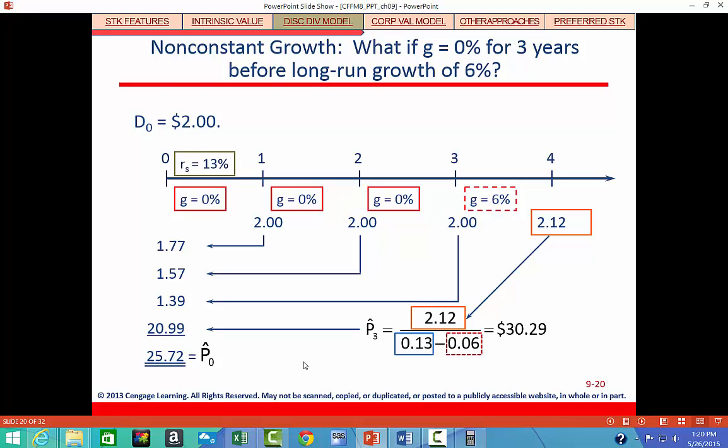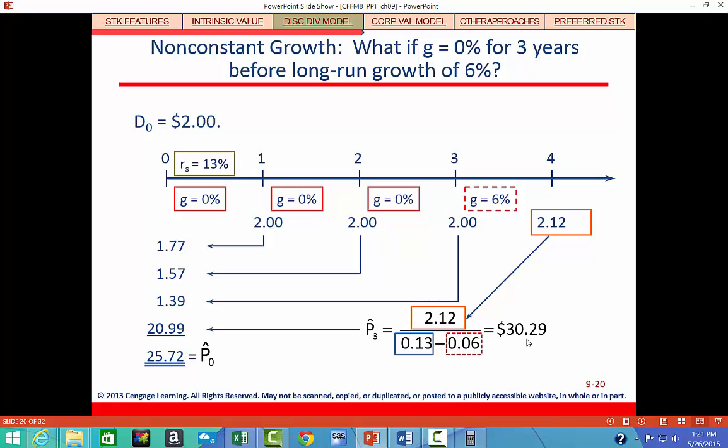So now let's look at an example if the growth rate is 0% for 3 years for some odd reason, and then you get a constant growth rate of 6%. What would the price be for this type of stock? You're going to have a $2 dividend, and then at time 4 you need to find that D4 so we can get the present value at time 3 for all the dividends that occur after time 3. So D4 is $2 times 1.06, this growth rate, and you get $2.12, and you divide that by R minus g.